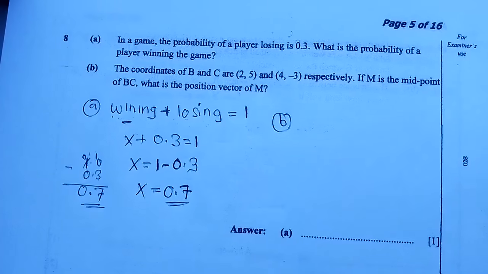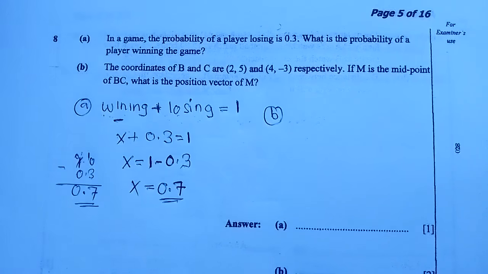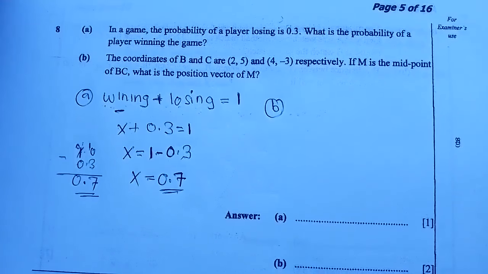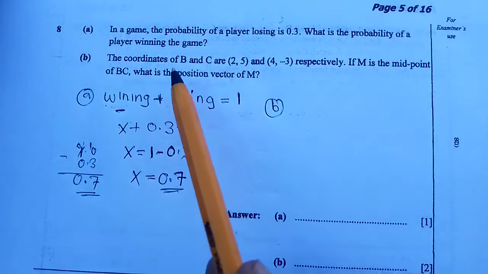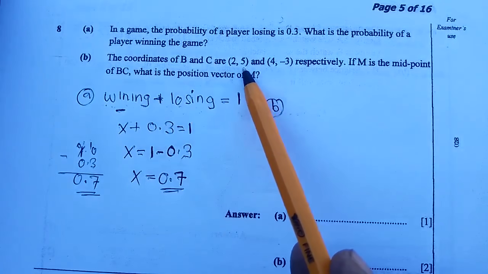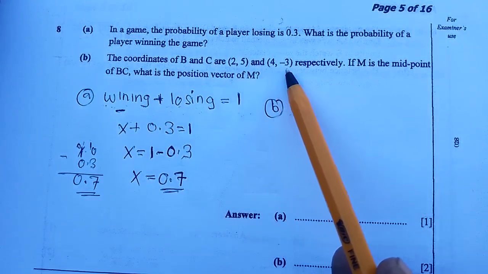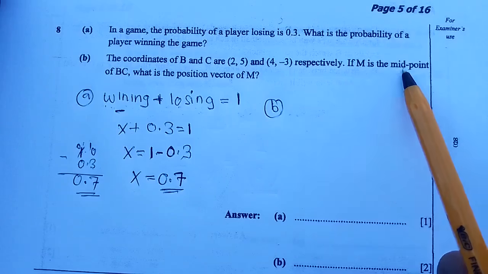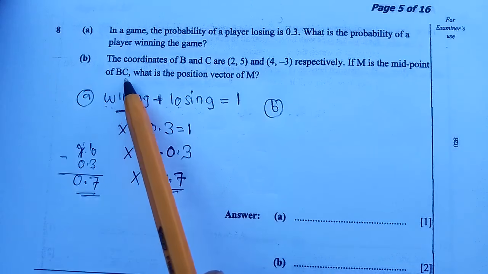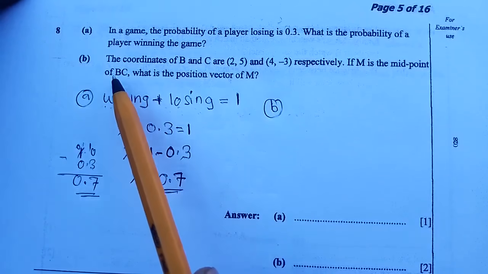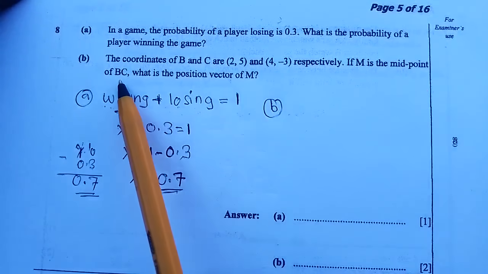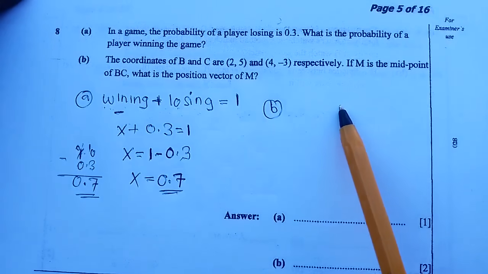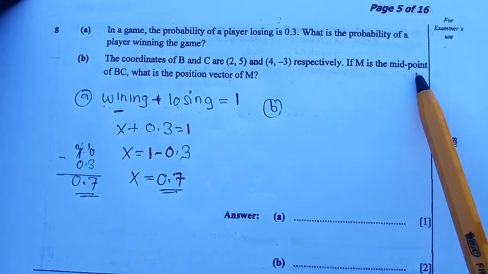Then we move to question B. So the coordinates of B and C are this one and that one, respectively. If M is the midpoint of BC, so M is the midpoint.